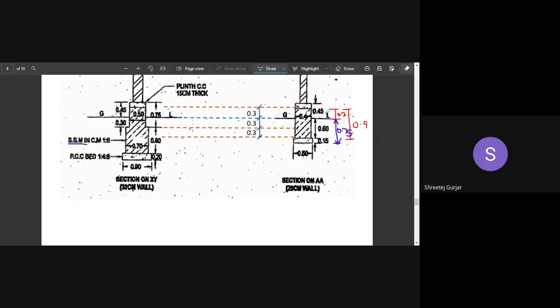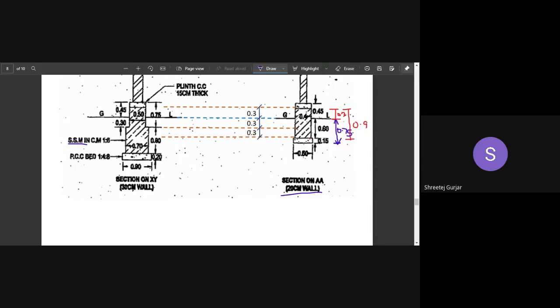Moving on to next, we will look into the stone masonry calculation in my 20 centimeter wall. This part we have to calculate for my 20 centimeter wall. You can see the width is 0.4 meter.